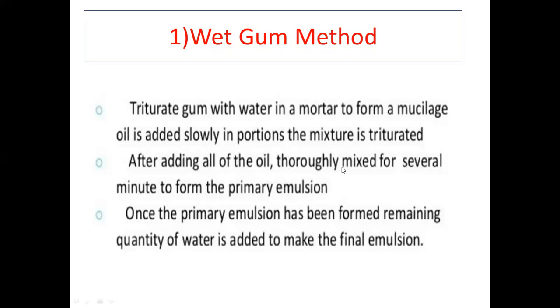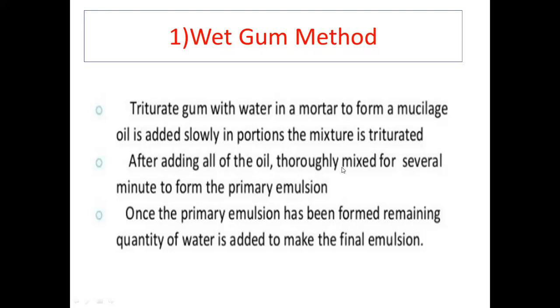Continuous trituration, then after that it produces a clicking sound, and at a certain stage this emulsion or preparation becomes white or nearly white. This stage is known as primary emulsion. Then at the end add more water.